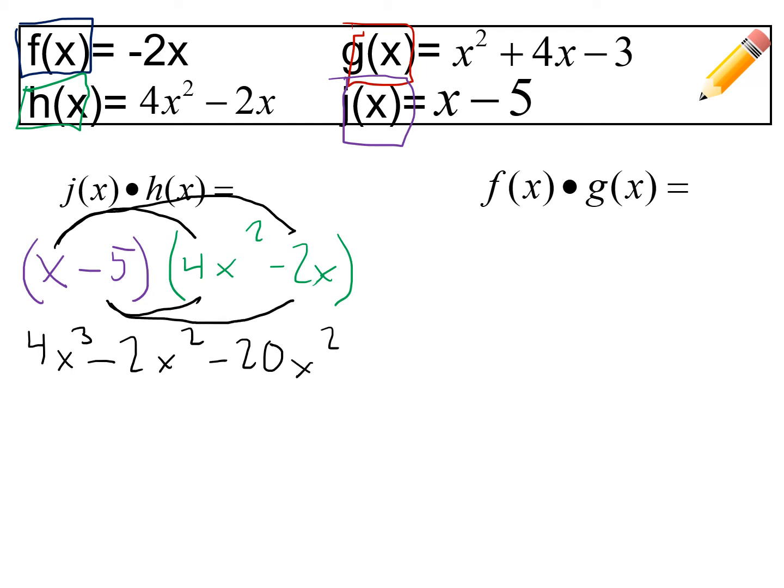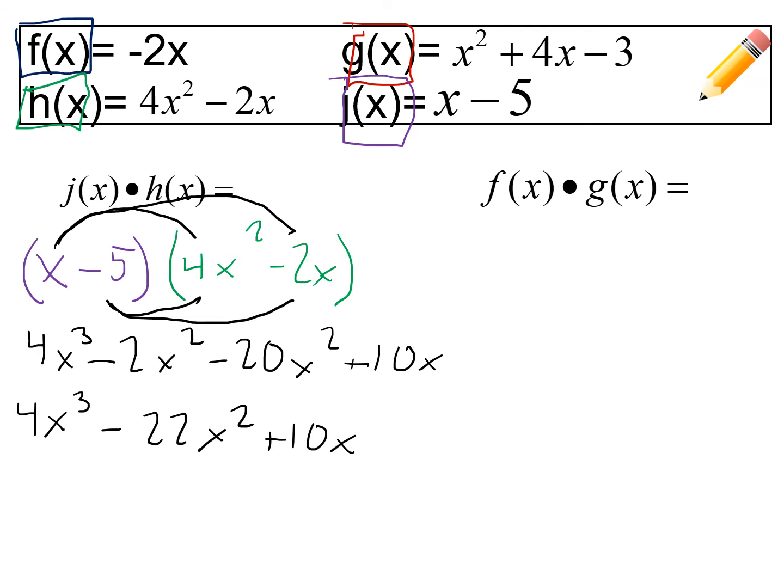And then negative 5 times negative 2x would be a positive 10x. And to combine our middle terms, I've got 4x cubed minus 22x squared plus 10x. So there's my new function after I compose j and h.